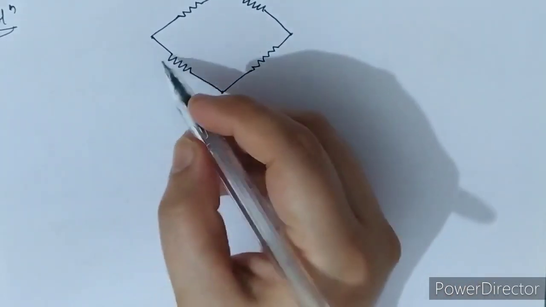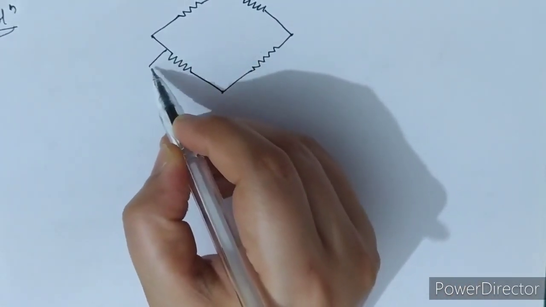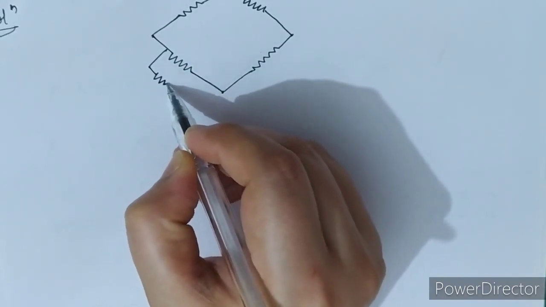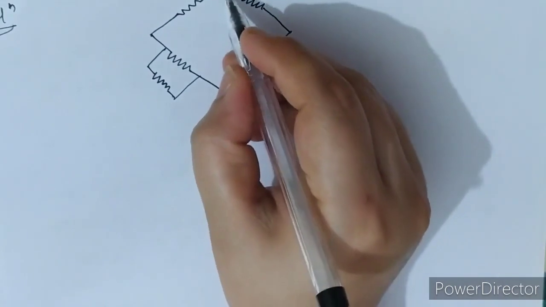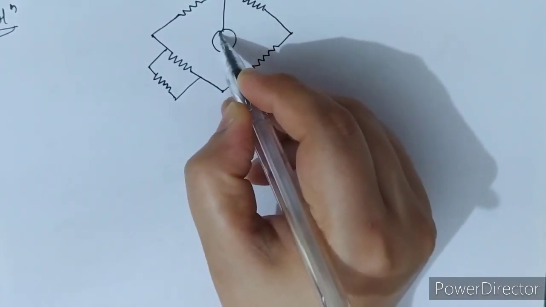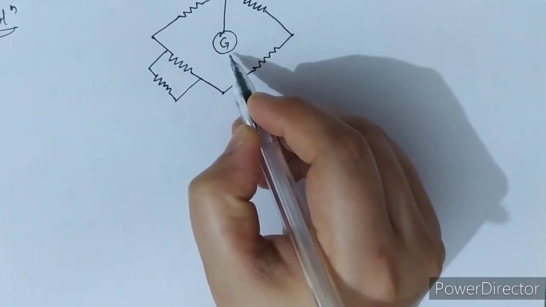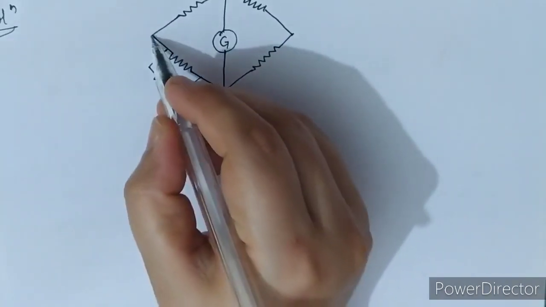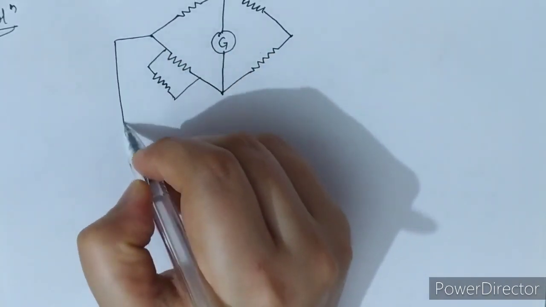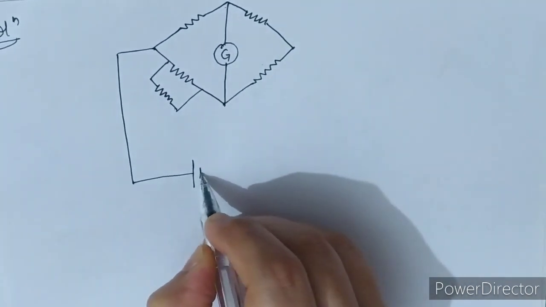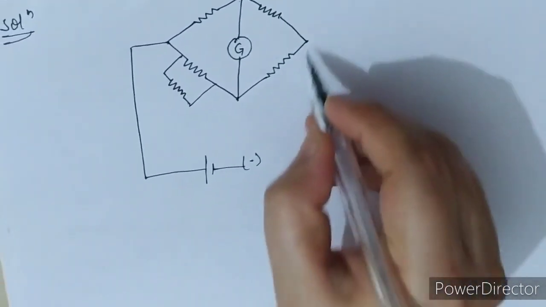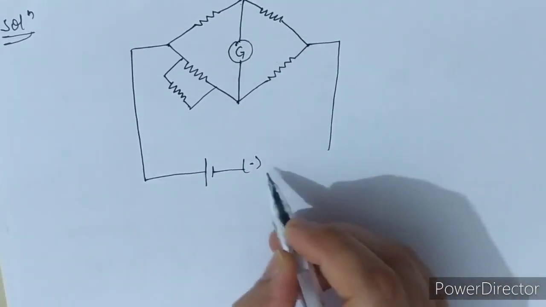And there is one more resistance connected in parallel with this. In the center there is a galvanometer, and with that an EMF of E and K is connected.